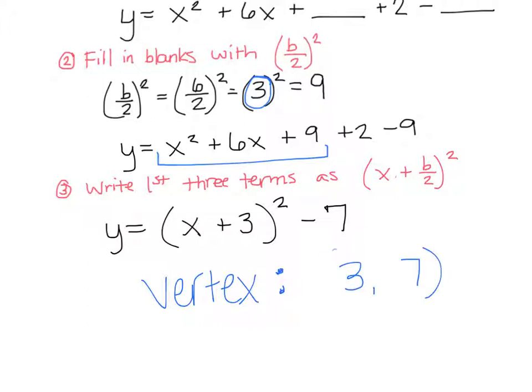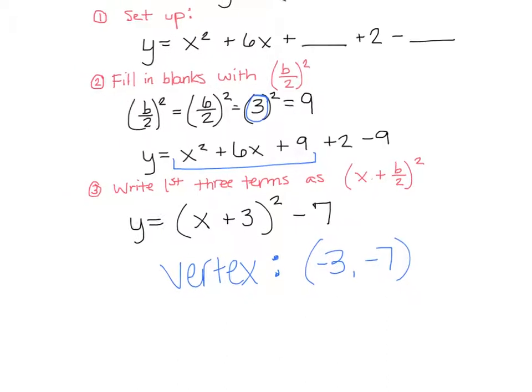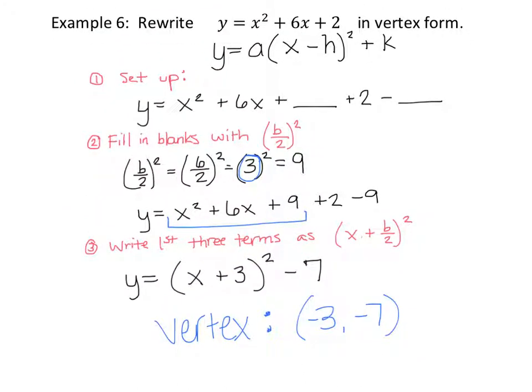What are the signs? Negative 3 and negative 7. Remember that for h, k, you take the k how it is, negative 7, but the h is backwards, so take negative 3. H is weird and backwards. So you know your vertex is negative 3, negative 7.